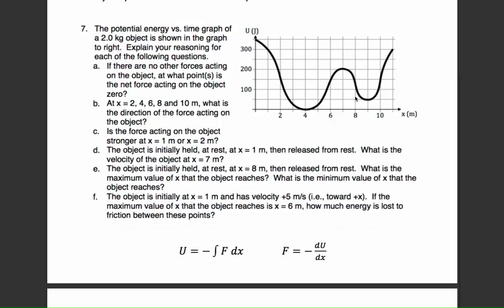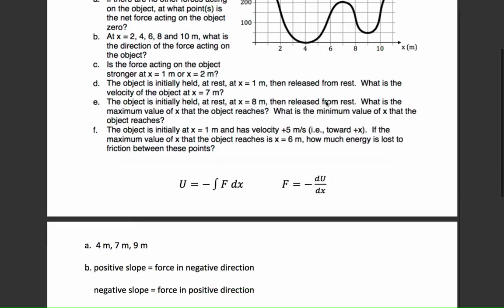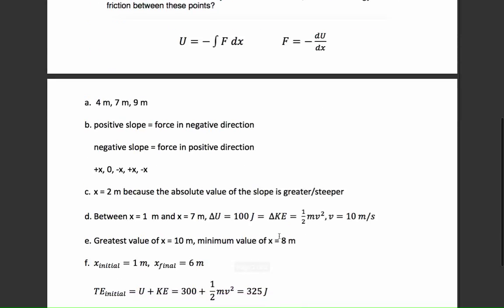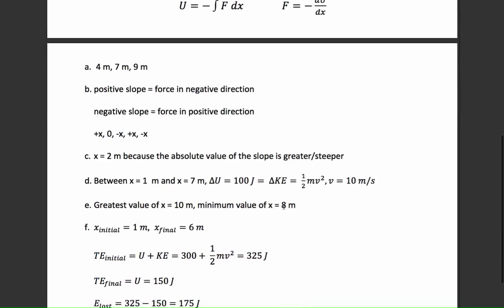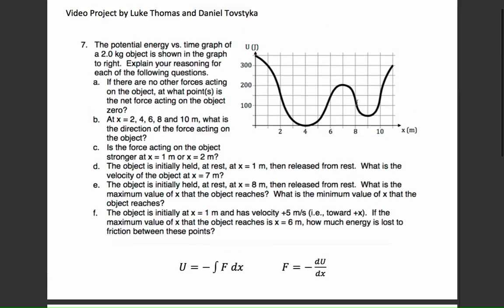The maximum distance it would reach would be x equals 10 meters, because as it falls down this way, it gains kinetic energy but loses potential energy. It then will move back up, but it can only get as far as x equals 10 meters. Similarly, the minimum value of x is x equals 8 meters, because it will never go further to the left.